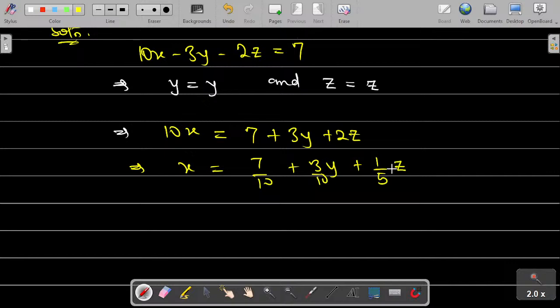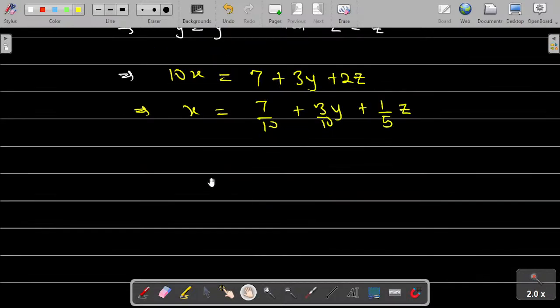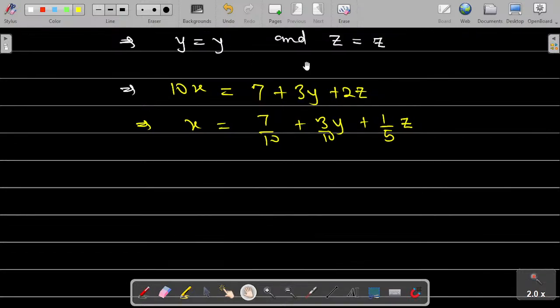Having gotten this, you already have the value for your x. My y is y, my z is z, because they are free variables, so I fix them. Now I'm going to form the solution.